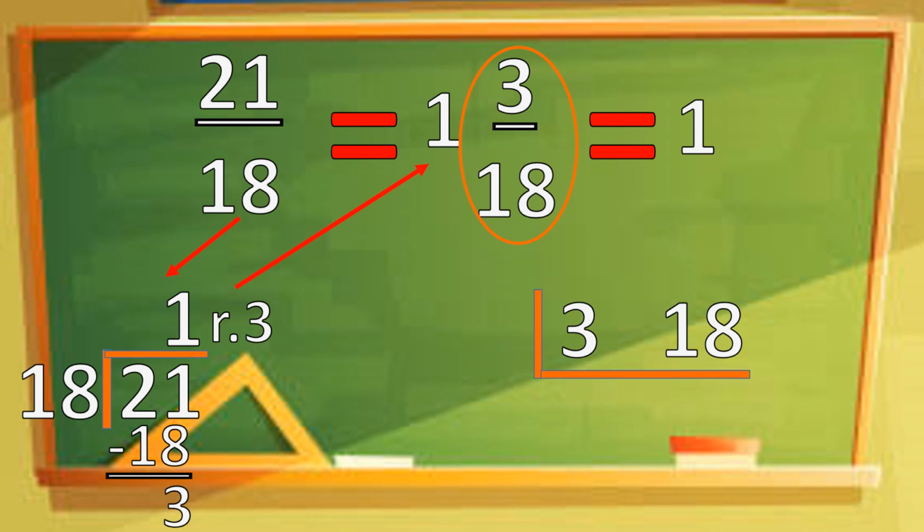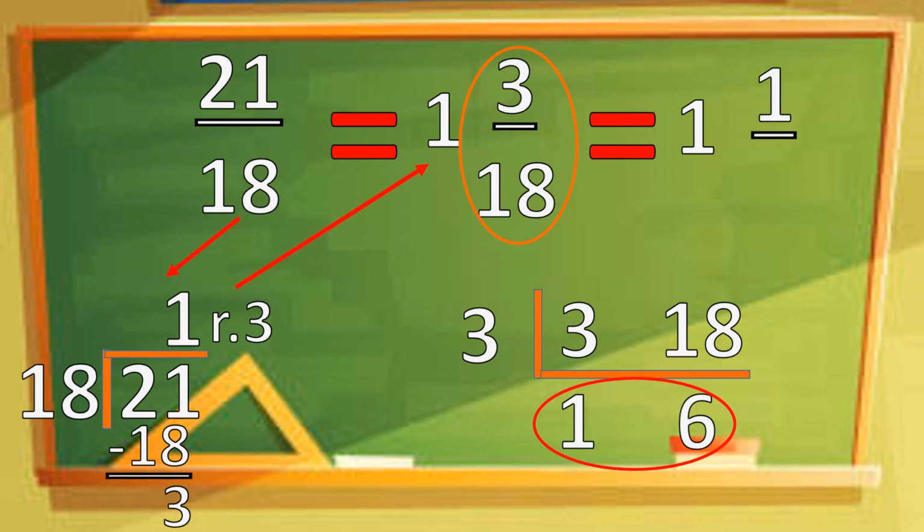What can we divide for 3 and 18 except 1? Okay, very good. We divide 3 and 18 by 3. 3 divided by 3 is 1, and 18 divided by 3 is 6. So our final answer is 1 and 1/6. Did you get that? Okay, very good.